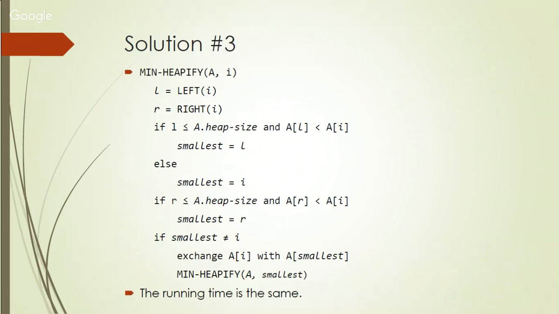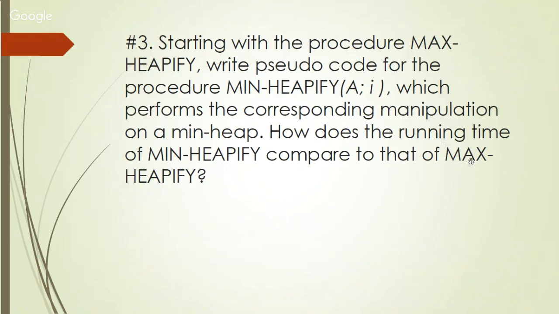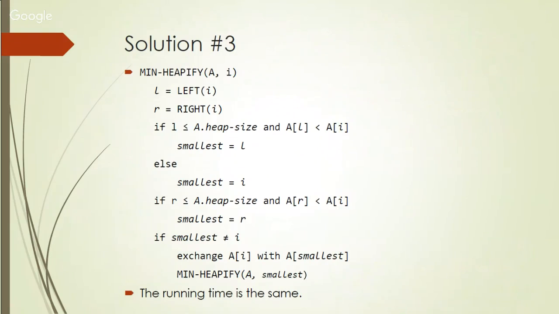So this is the pseudocode for min-heap. Pretty much as you see, we start by creating the function min-heapify. There is max heapify and min-heapify. Create the function min-heapify, with the array A and the index I. Then we find the left and the right, L being the left and R being the right.